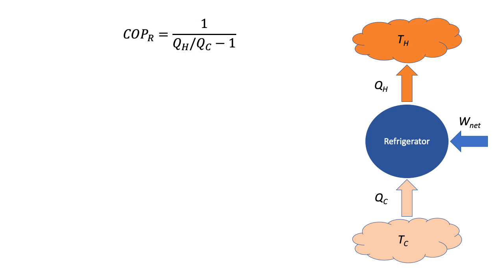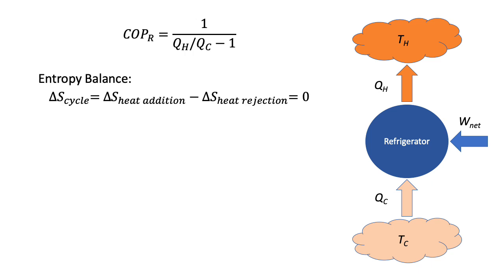We can now do an entropy balance for the refrigerator. The change in entropy over a cycle is equal to the change in entropy during the heat addition minus the change in entropy during heat rejection, and this must equal 0. The entropy change during heat addition is given by QC divided by TC, and the entropy change during heat rejection is QH divided by TH.